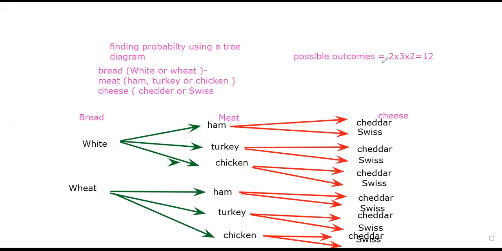After that, if I ask you a question: use the diagram from this example to find the probability of a ham sandwich. How many times can you find a ham sandwich?